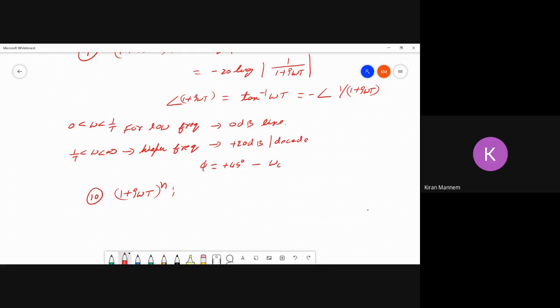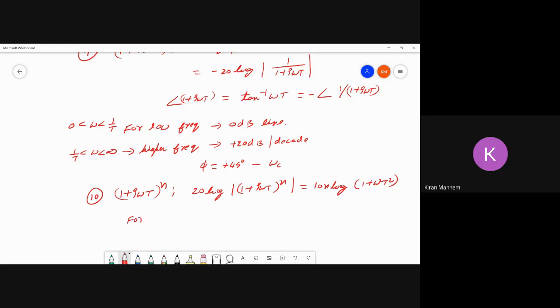So you can quickly write the equations for this. It would be 20 log of (1 plus j omega t) to the power of n, or I can say 10n log (1 plus omega square t square).